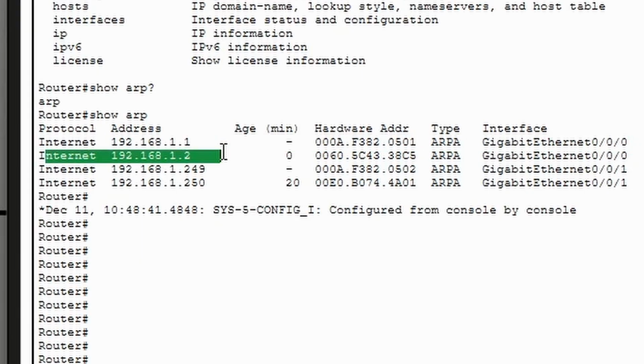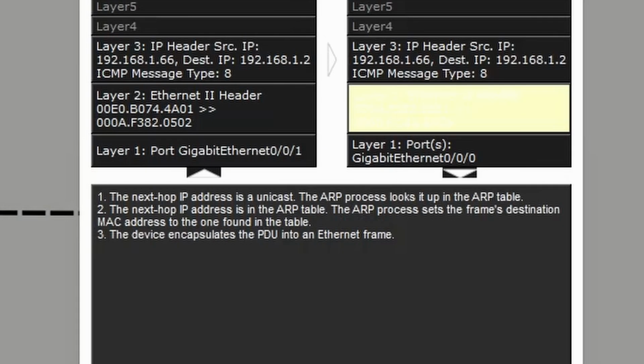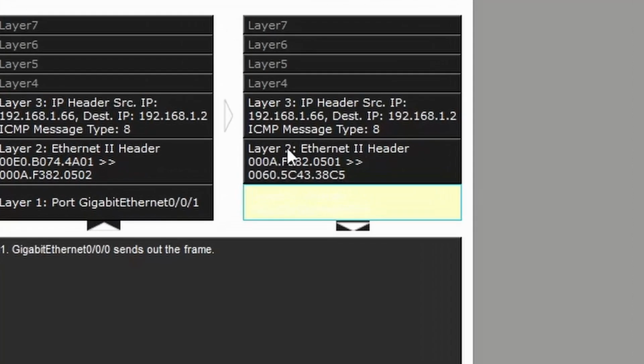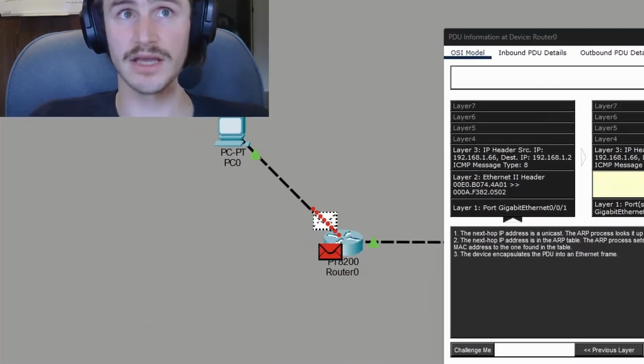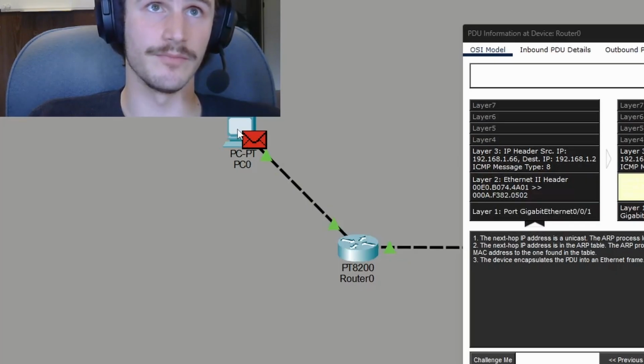It's right here, 192.168.1.2. And its hardware MAC address is this right here, 0060.5C43. So it goes ahead and creates a frame addressed to that MAC address. Click next, sends that frame, and it arrives at PC0.